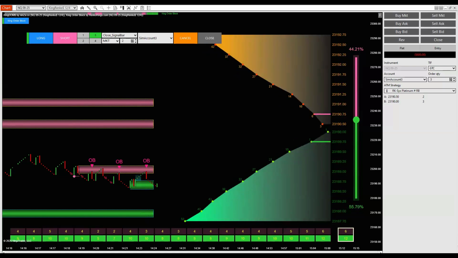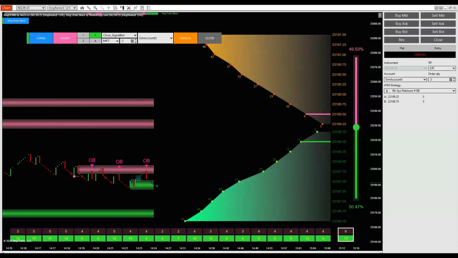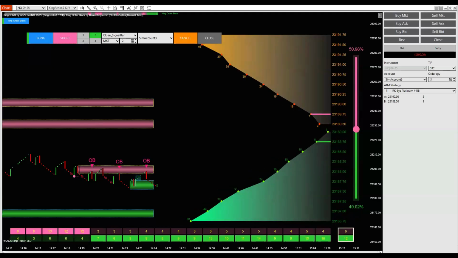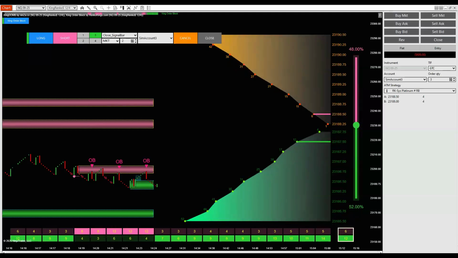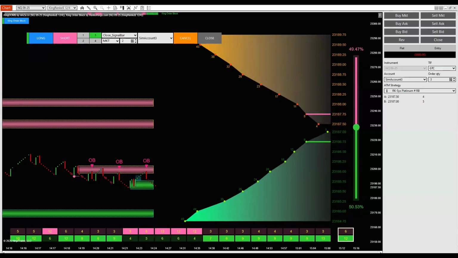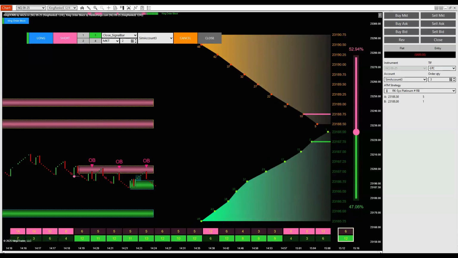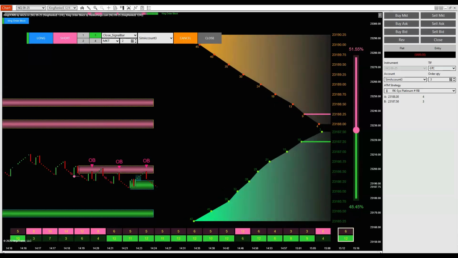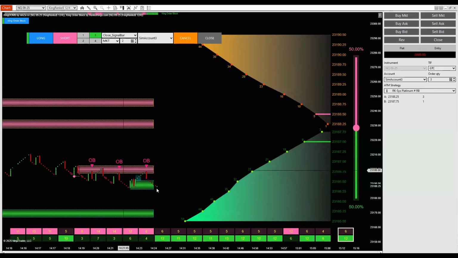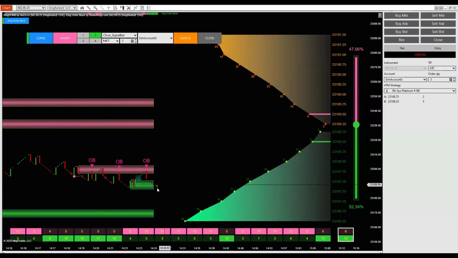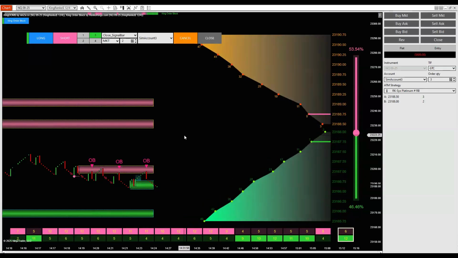I think your computer strength will decide how many charts you can have open. So maybe it's a good thing it's not generating any signals, because we're just kind of going sideways here.